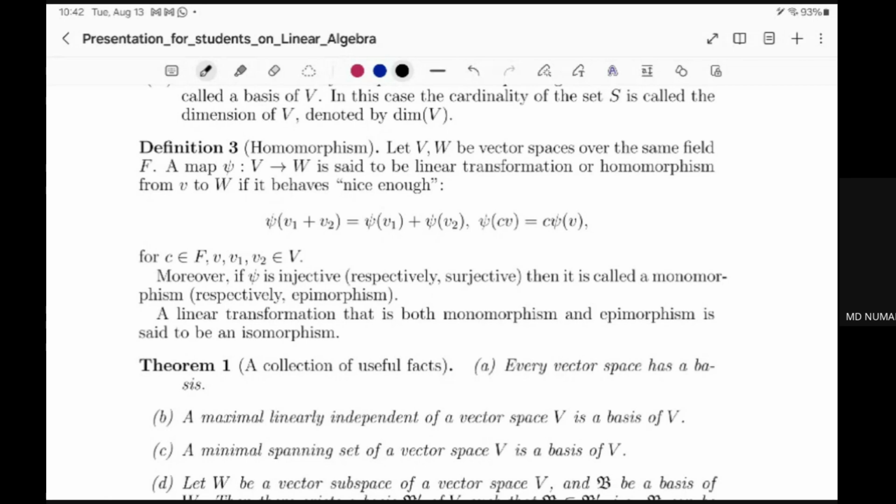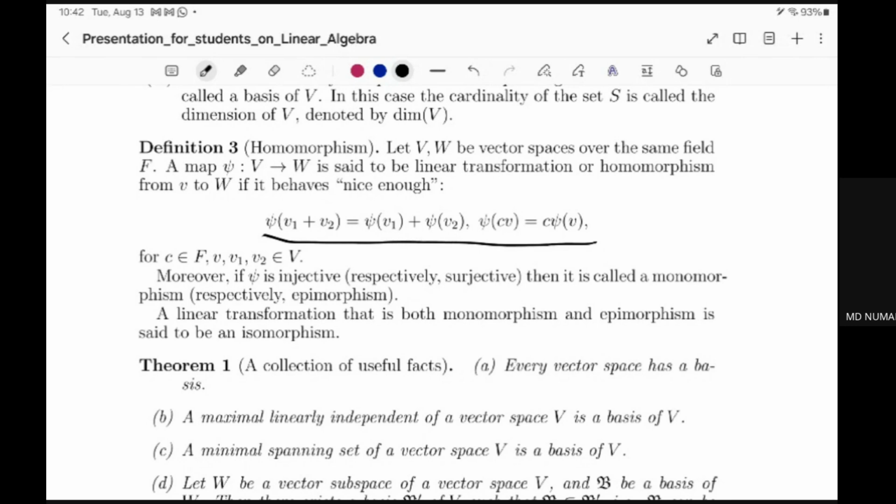Nothing else is required. But in our case, V and W are not just sets. They have some structure in them. So the way we define this function, it has to maintain the structure. That is why we want any function, in this case a homomorphism between two vector spaces V and W, to behave nicely.